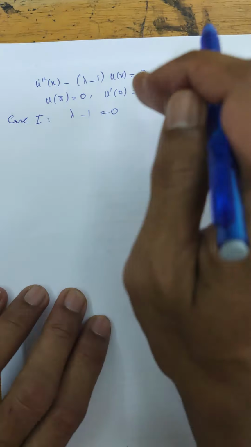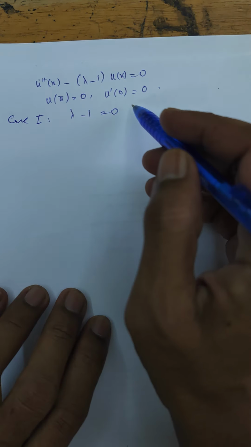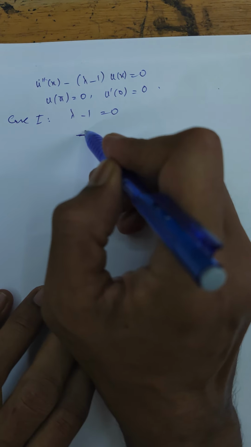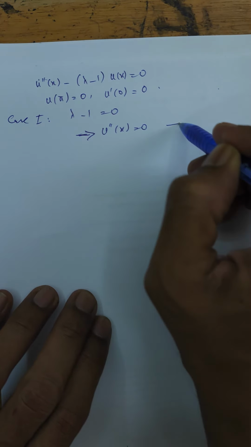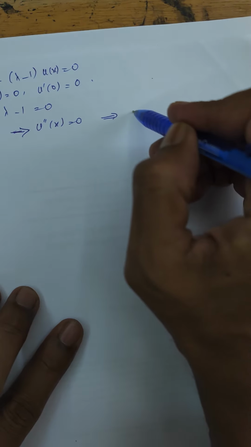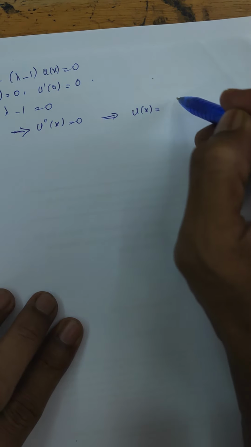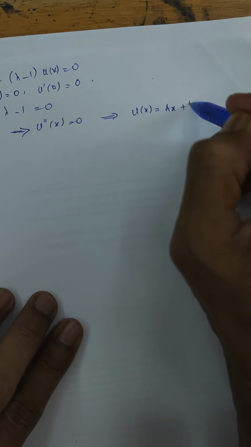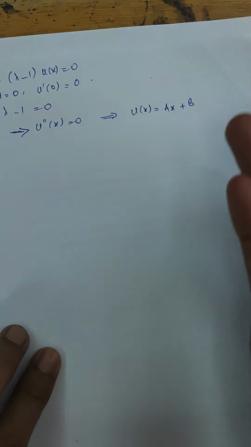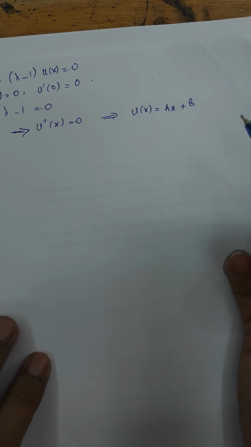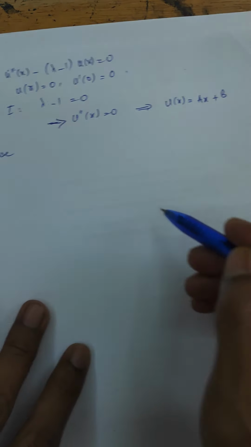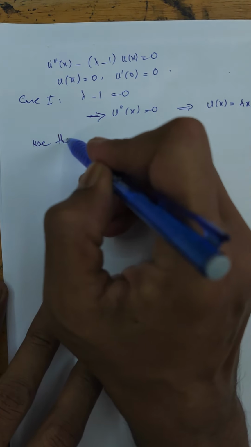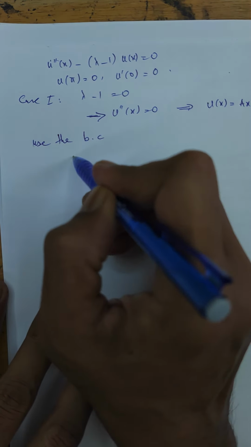In this case, if you substitute there, we have u double prime x equal to 0, then the solution is given as u(x) equal to ax plus b. You just integrate once and then twice, and then we use the boundary conditions.